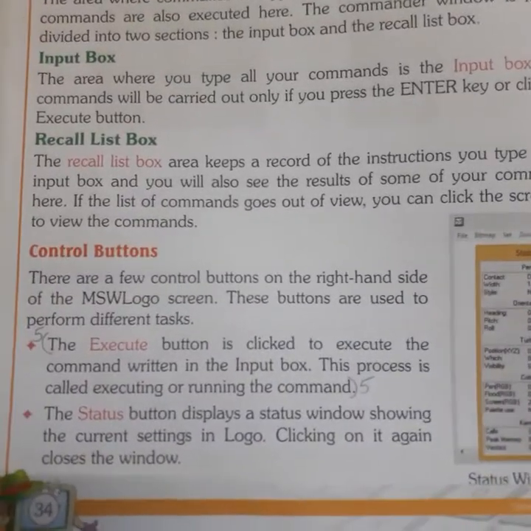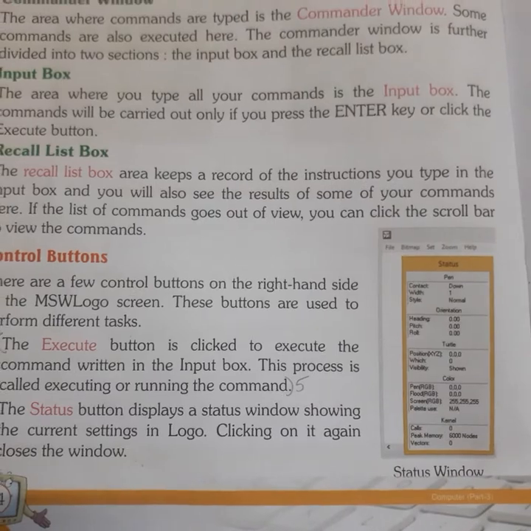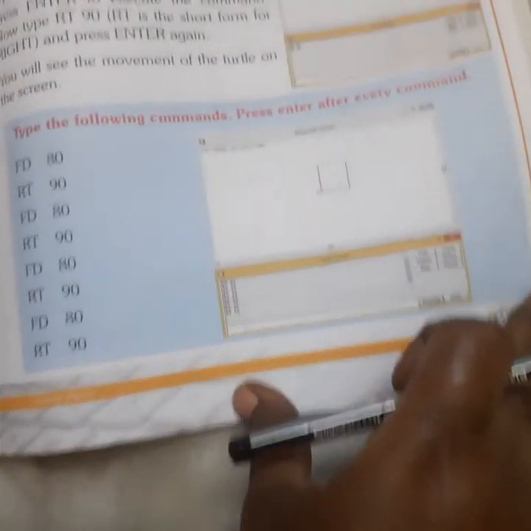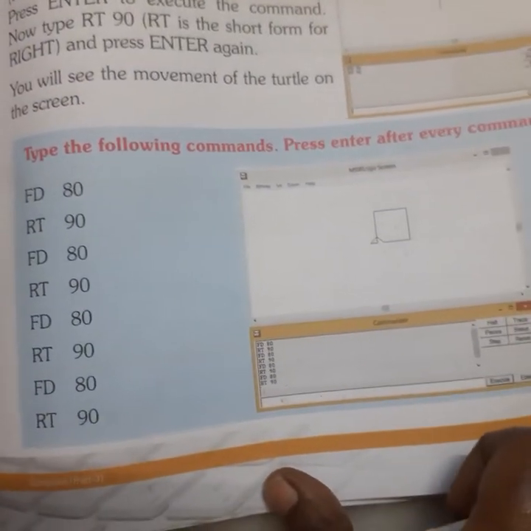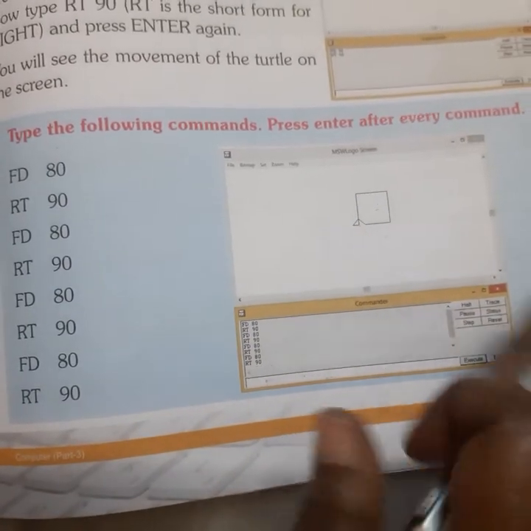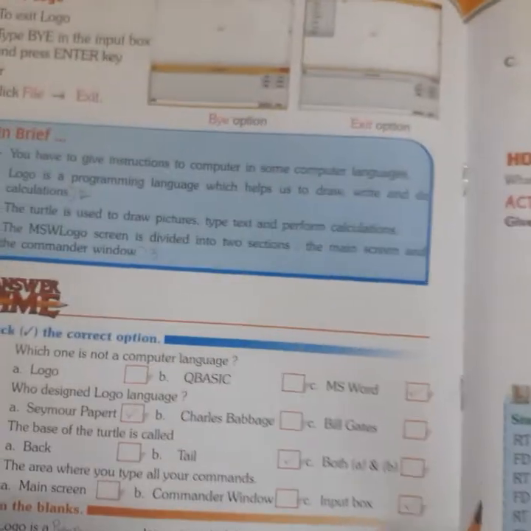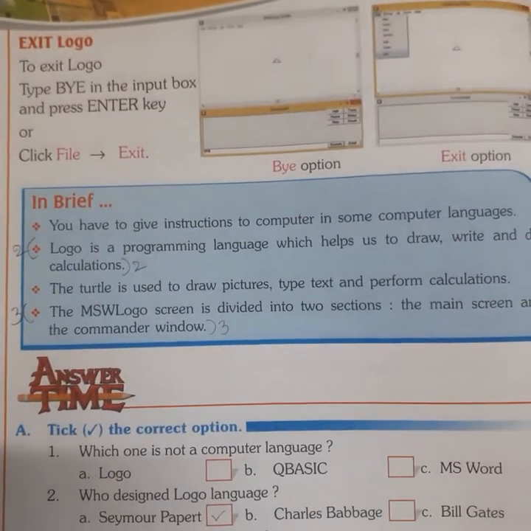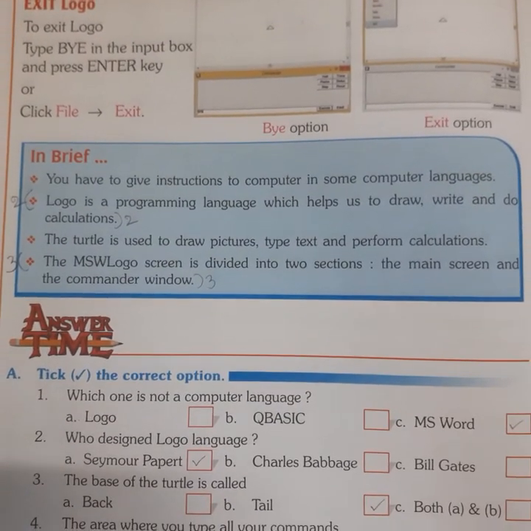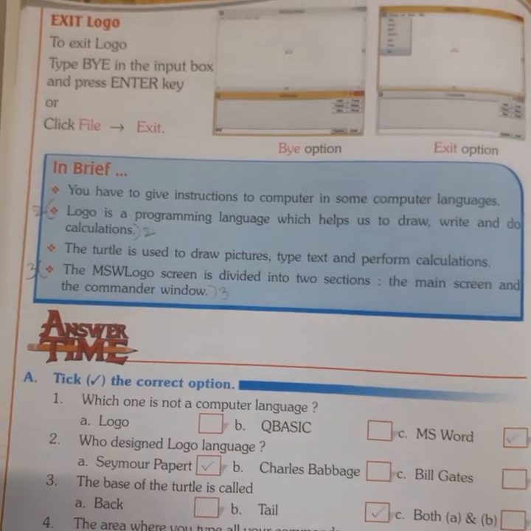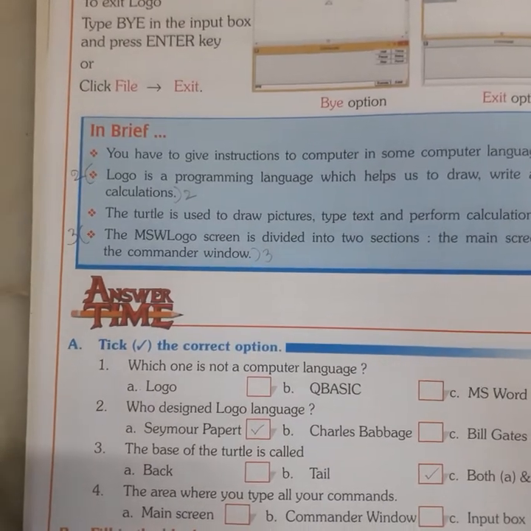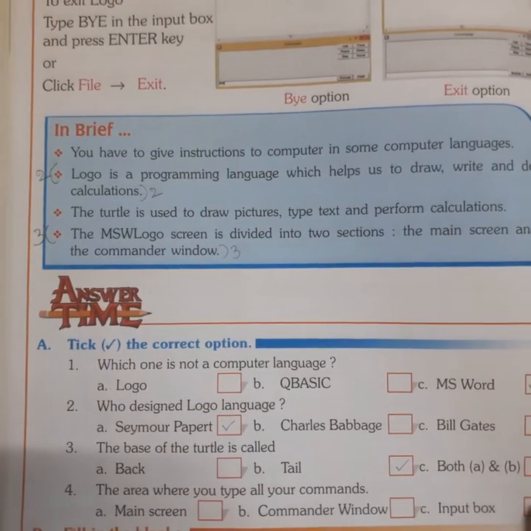We also learned a small piece of coding, how to draw pictures, and how to exit from Logo. So this fourth lesson's explanation is finished, children. Now I am going to give notes for this lesson.